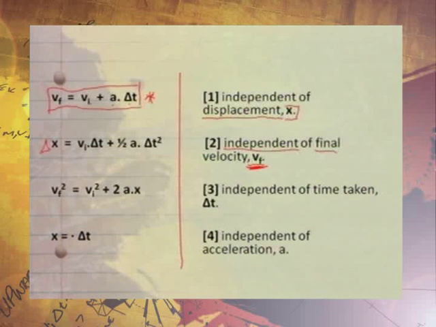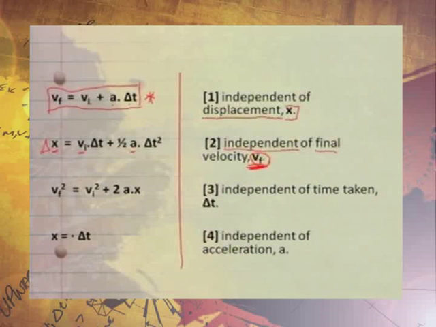So if you don't have the final velocity and you are asked to find the displacement or the initial velocity or acceleration, you can use this equation. But you can't take any other equation that has final velocity, because that is not going to help you. So if you are given final velocity, look for other equations that will apply, because this one would not apply in that situation.